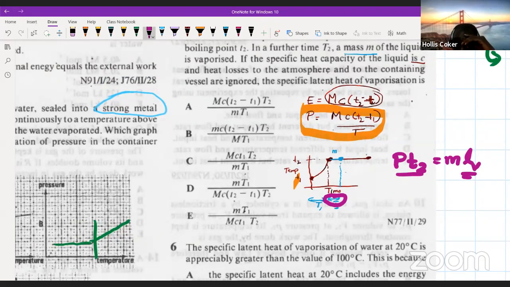So I want to get the specific latent heat of vaporization. I say the power by T2 all over m will give me the specific latent heat of vaporization.